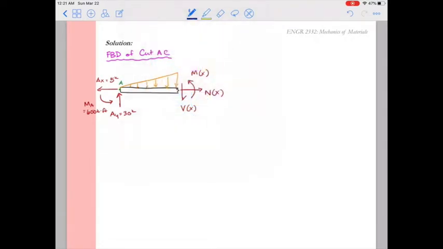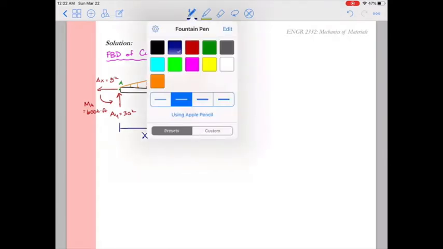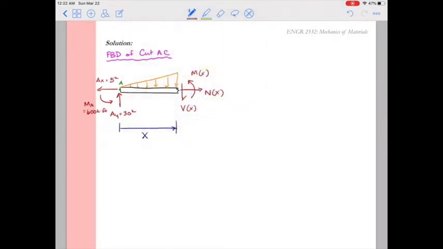Finally, I need to somehow take care of this distributed load. And so I'm at some arbitrary point X, that's my dimension. And I need to handle what value does my distributed load, drawn here in orange, what is the peak value on the right-hand side?